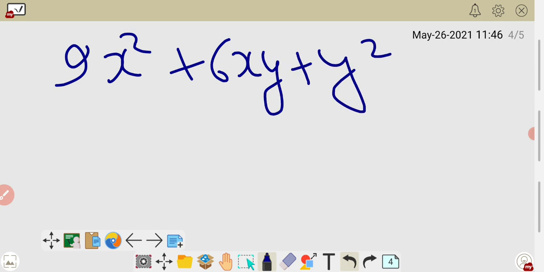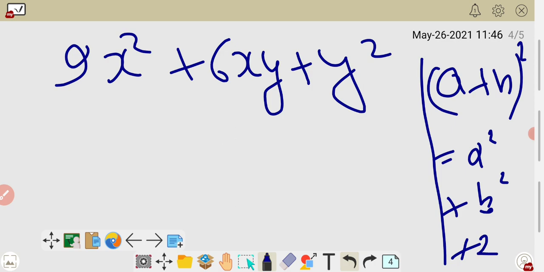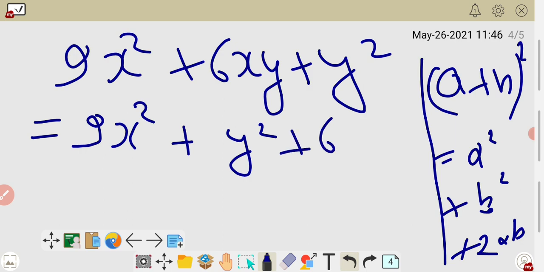Now just looking carefully, one formula you have to study like that one: a plus b whole square is always equal to a square plus b square and then plus 2ab, right? Now just see here, can we write it like that? Just do some arrangement first. 9x square plus y square plus 6xy.